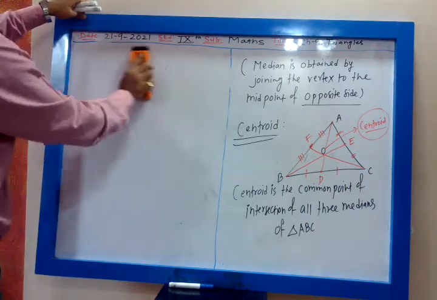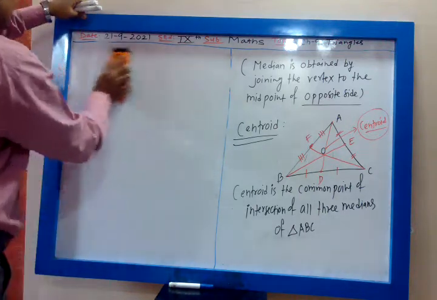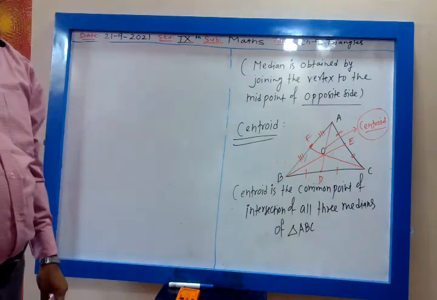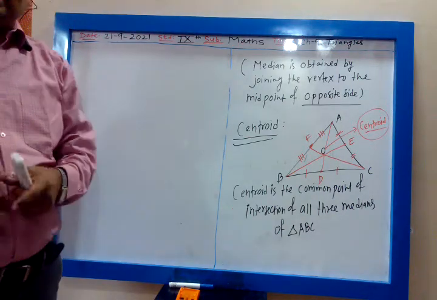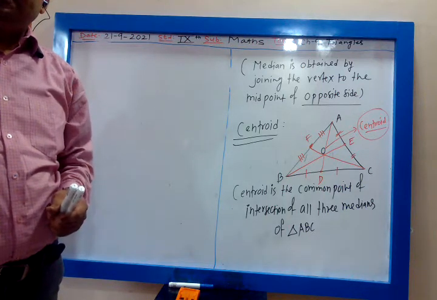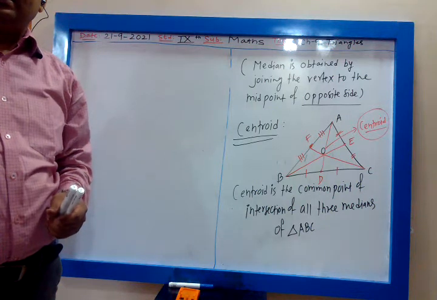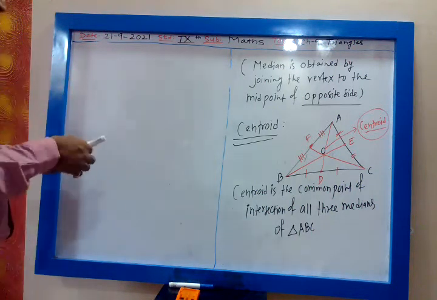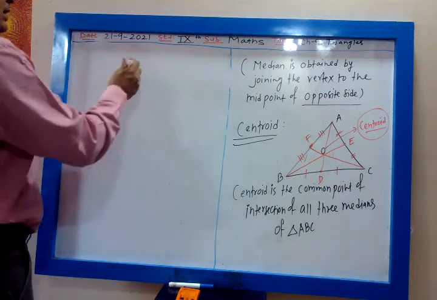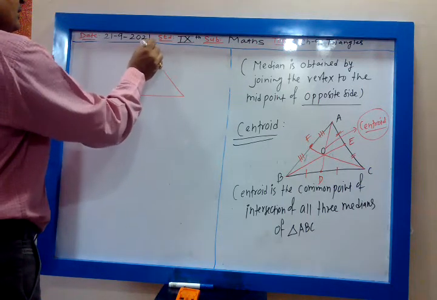Now yesterday we have seen circumcenter. What is circumcenter? Circumcenter is the point within the triangle from which all the vertices are at equal distance. Do not get confused with centroid and circumcenter. See here, this is my triangle ABC.